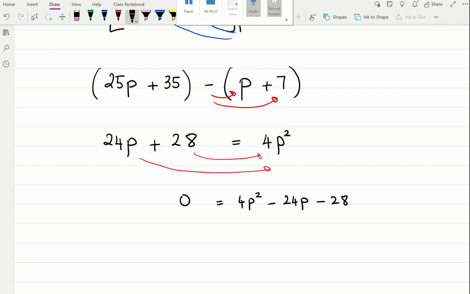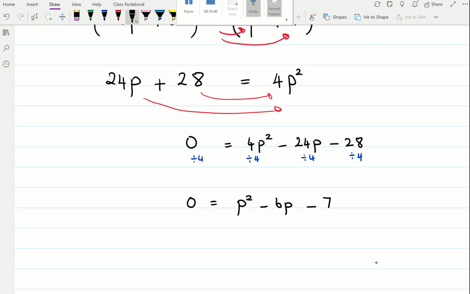Now, if you also notice, everything divides by 4. So the best thing to do, because this is an equation, not if you just want to factorize, but because this is an equation, you can divide everything by 4 to make it a little bit easier. So this is p squared minus 6p minus 7.